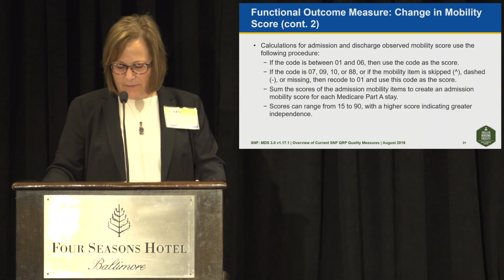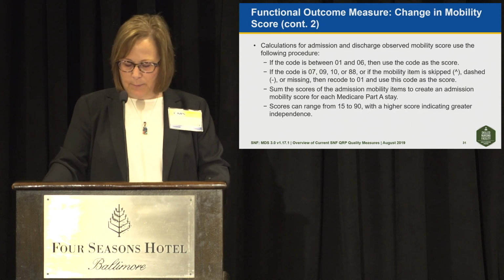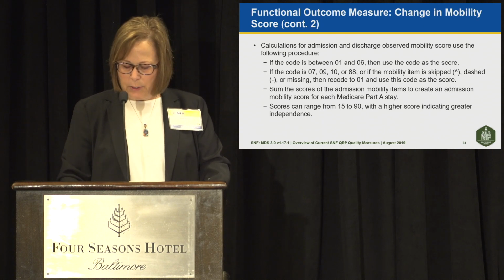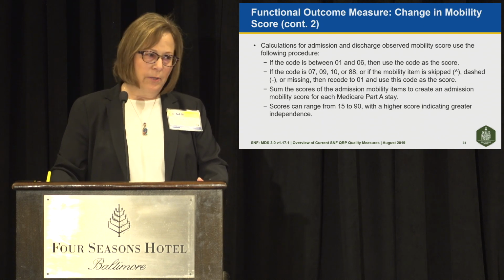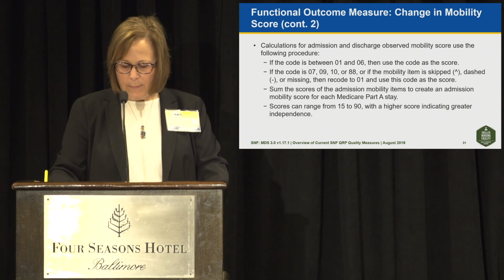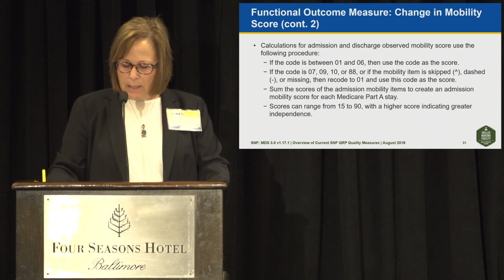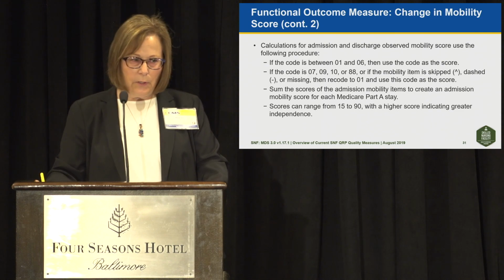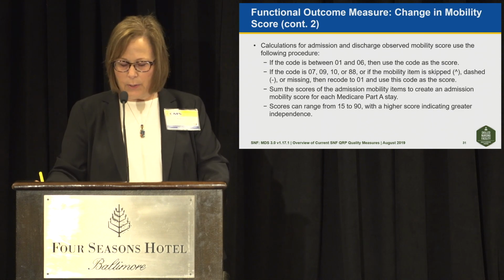Like the change in self-care score, the calculations for admission and discharge require a bit of recoding if the code used for admission or discharge is a code other than 1 through 6. So the calculations use the same as for change in self-care score. If the code is between 1 and 6, use the code as the score.